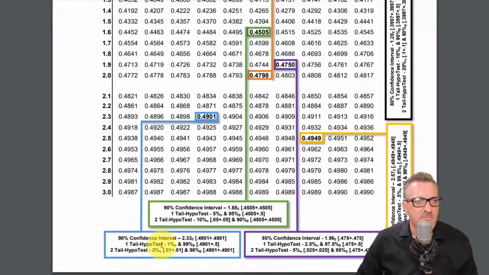One tail hypo test. Okay, we're going to find this one, but it needs to be with the 5% significance level. So this one's 1%, this one's 2.5, this one's 5%, one tail hypo.